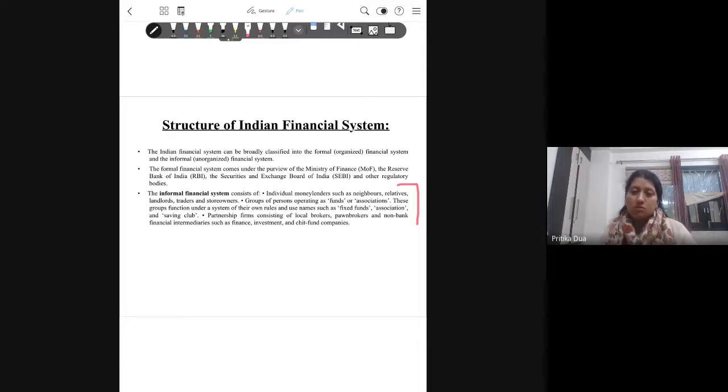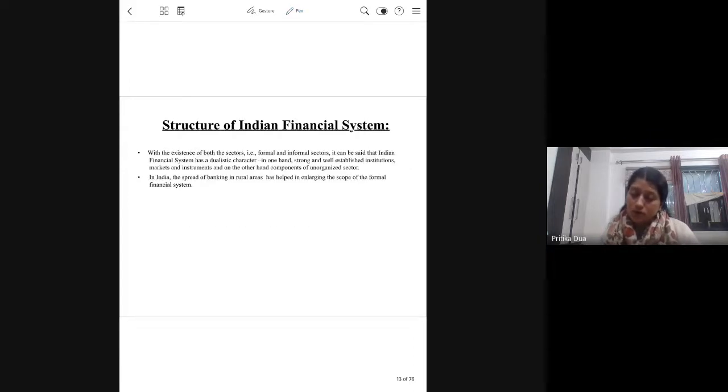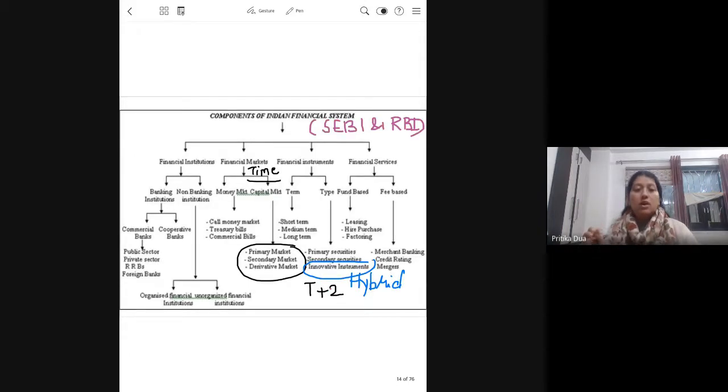So they are not regulated directly through RBI or SEBI. The structure of the Indian financial system, the formal Indian financial system, this is what it looks like. You have SEBI and RBI regulating the various components of the financial system.